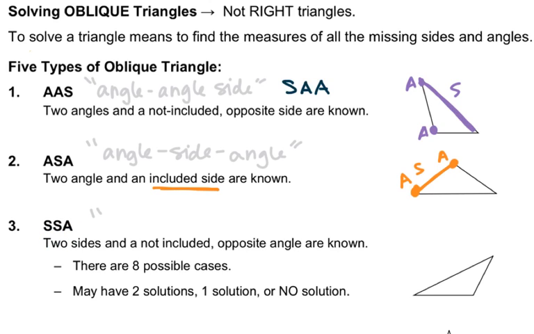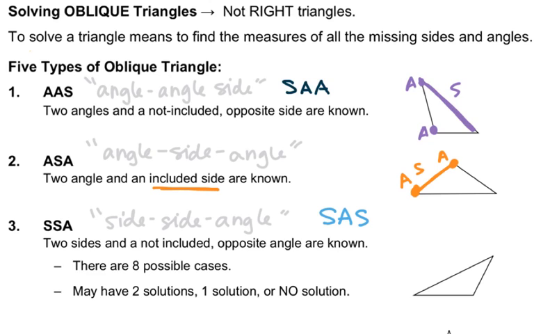All right, the third situation, SSA, and we would read that as side, side, angle. And what happens if I reverse SSA? That would be ASS, which is a bad word, right? And that's because this is the pain in the SSA type of triangle, all right? So what does this mean? We know 2 sides and an angle that's not in between them. This is different if we had SAS.